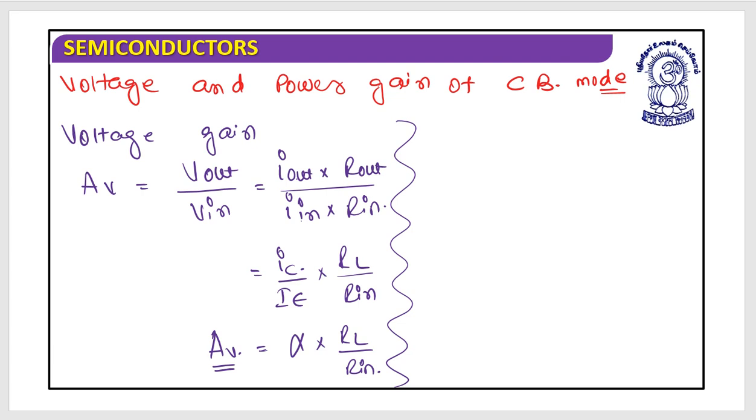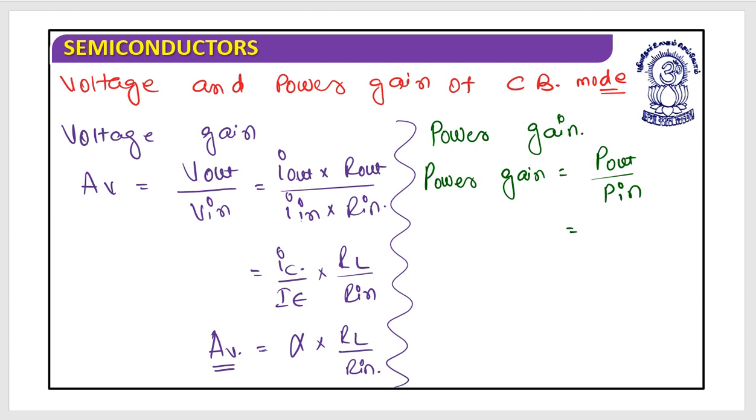Now let's discuss the power gain. Power gain is P output to P input, that is I square output multiplied by R output divided by I square input multiplied by R input.